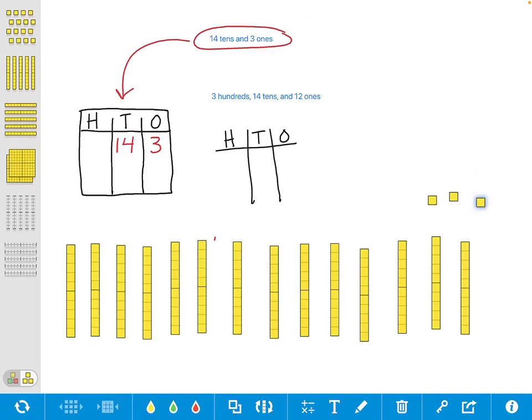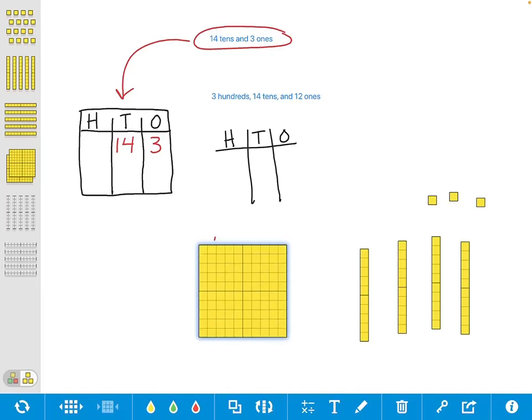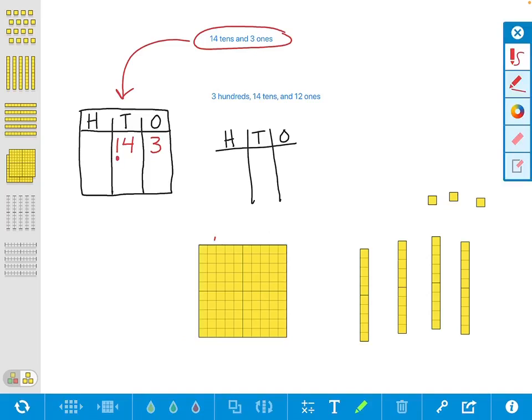Okay, 14 tens, I know that I can take 10 of these and smush them together to make 100, can't I? So there's 1, 2, 3, 4, 5, 6, 7, 8, 9, 10. And I can put those together and make a 100 model. So now I can easily see that 10 of this 14, that 10 is actually 100.